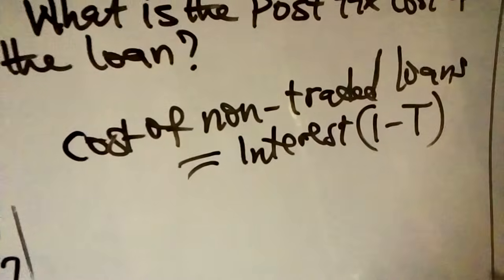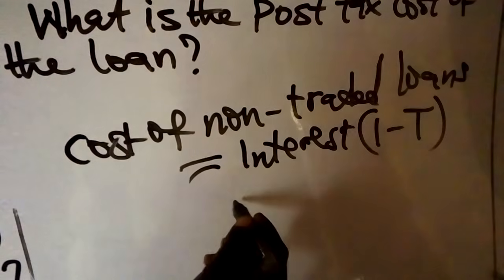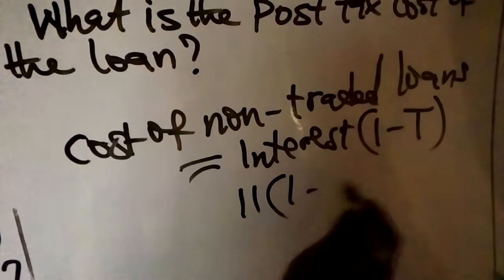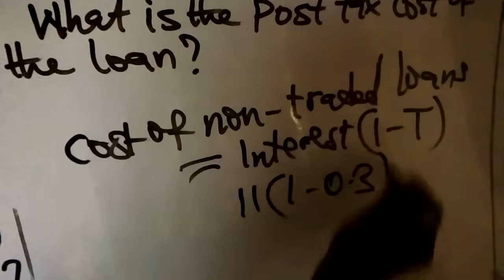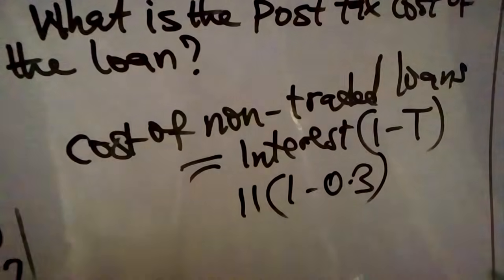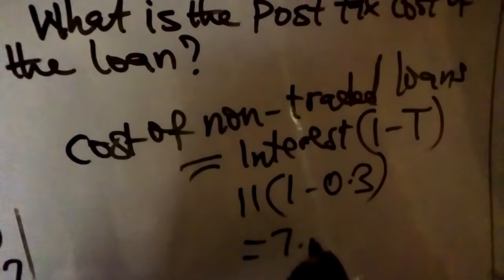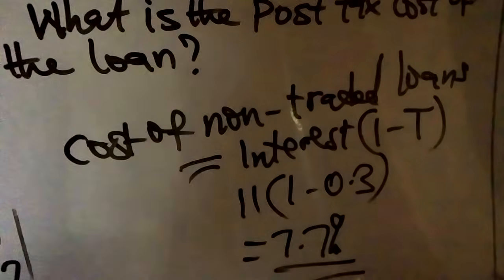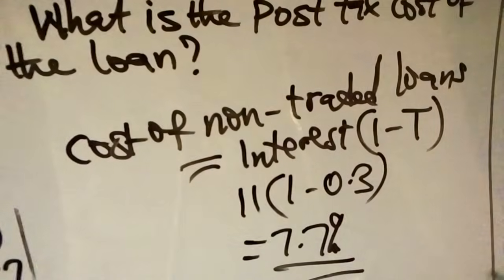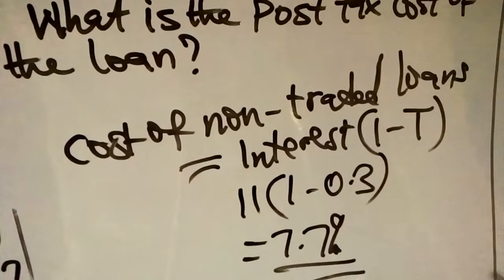So we have 11% as the interest rate into 1 minus tax rate, which is 30%. So we have 11 times 0.7, and that will give us 7.7%. That is the cost of the loan.